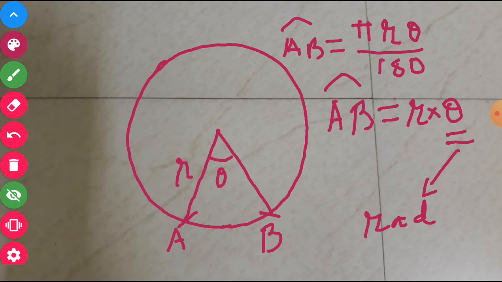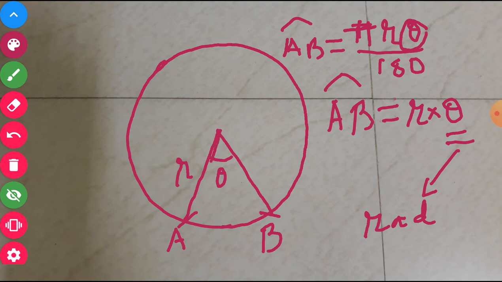Because that theta has to be converted into radian by multiplying by pi by 180. So the whole formula you were given is that length of arc is equal to pi r theta upon 180. Okay, so it is one and the same.